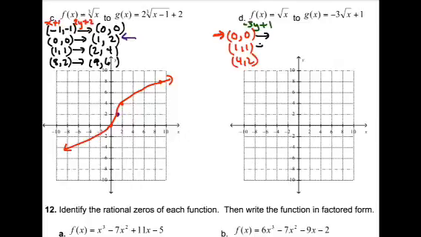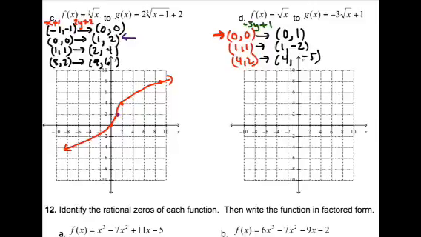Okay, so x's don't change, so it's 0. Negative 3 times 0 is 0, plus 1 is 1. The 1 doesn't change. 1 times negative 3, plus 1 is negative 2. 4 doesn't change. And then negative 3 times 2, negative 6, plus 1 is negative 5.